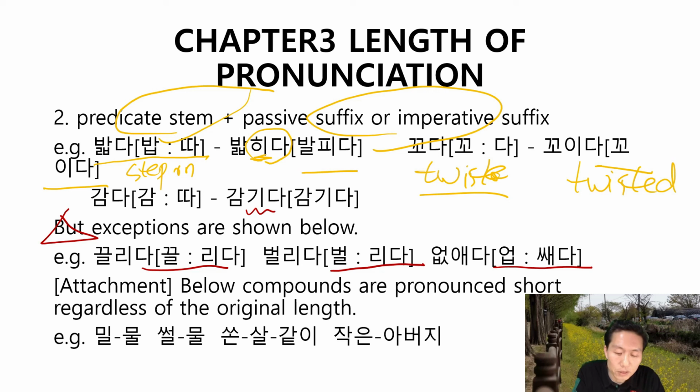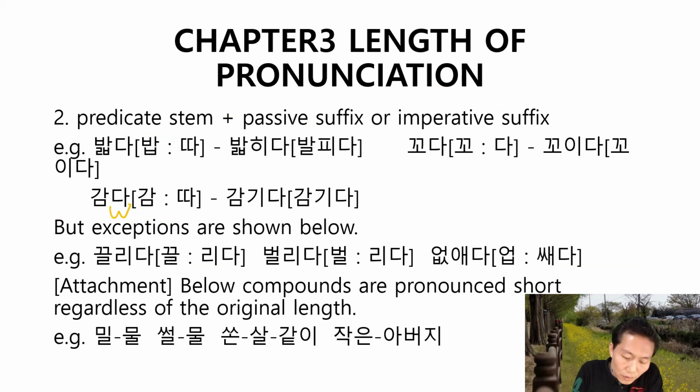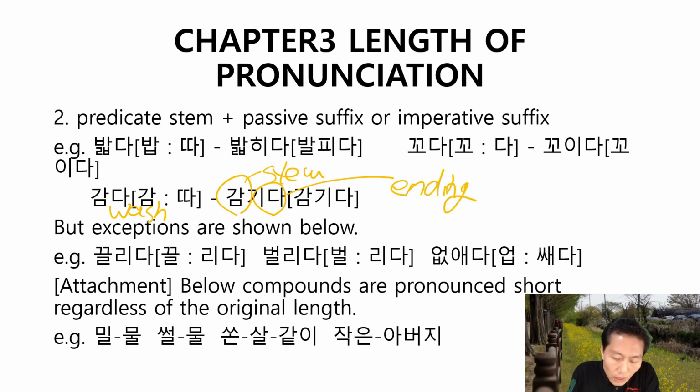And 감다 means, when you wash your hair, you say 감다. Okay, 감다 is the basic form. 감 is the stem. 기 is an ending. You know, but there are always exceptions, as does the English language. 끌리다, 벌리다, 없애다. Attachment.